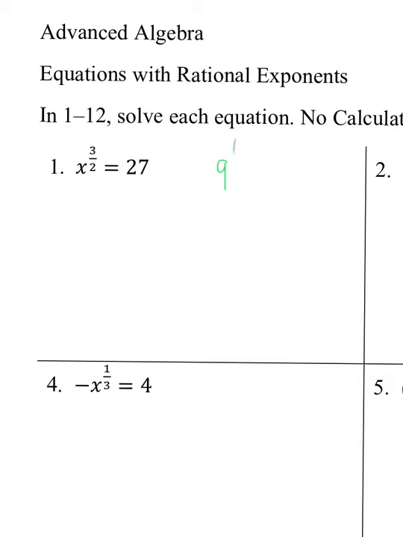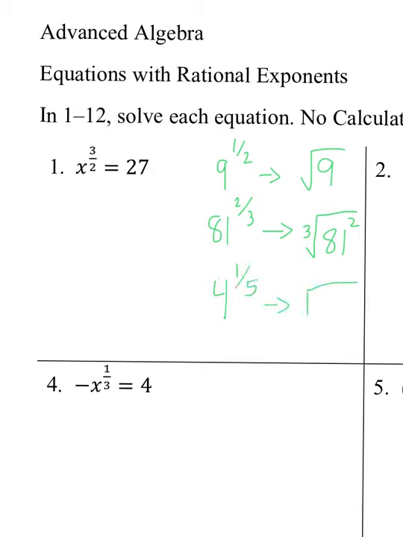So 9 to the exponent 1/2 is the same thing as the square root of 9. 81 to the exponent 2/3 is the same thing as the cube root of 81 squared. 4 to the exponent 1/5 is the same thing as the 5th root of 4 to the 1st.